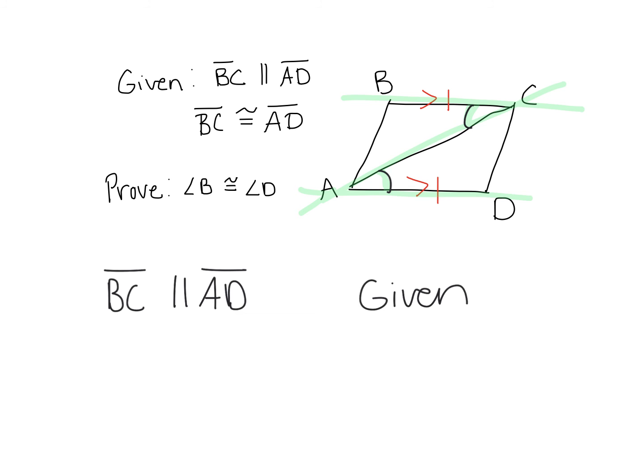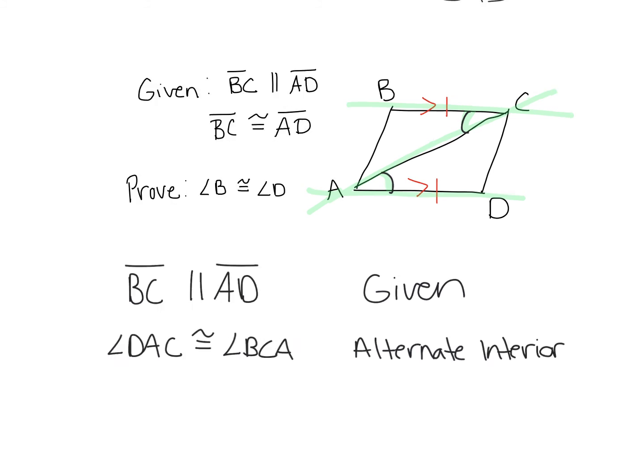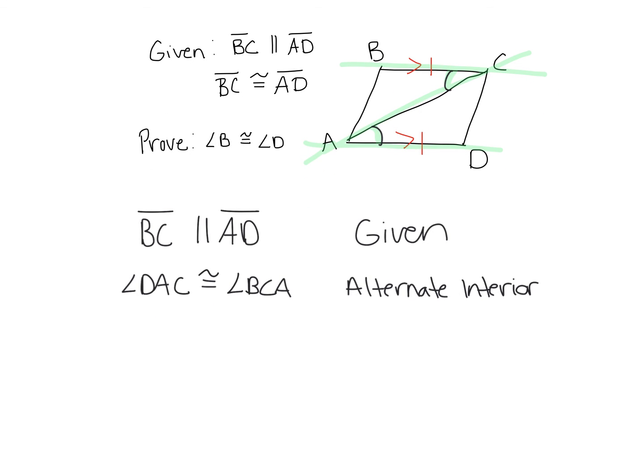So I have angle DAC is congruent to angle BCA. Okay. They're congruent because they are alternate interior angles.